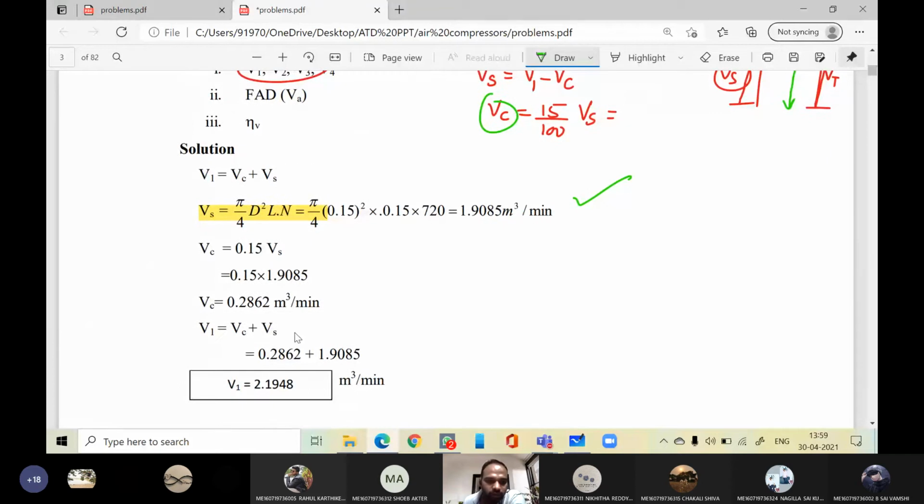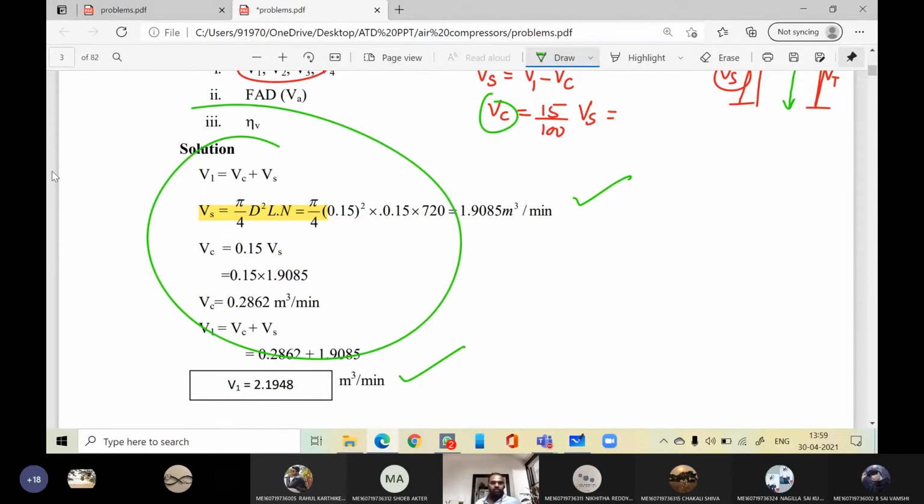So V1 is equal to swept plus clearance. So this is the V1 value. Any doubt in this simplification, please tell me.